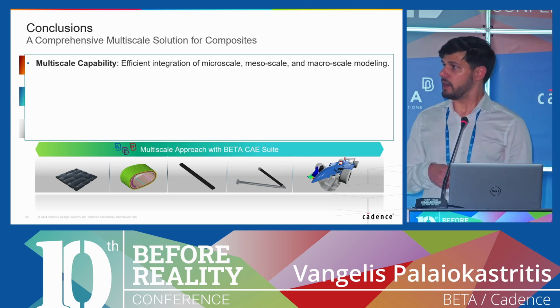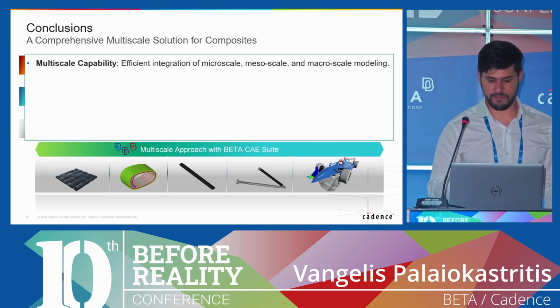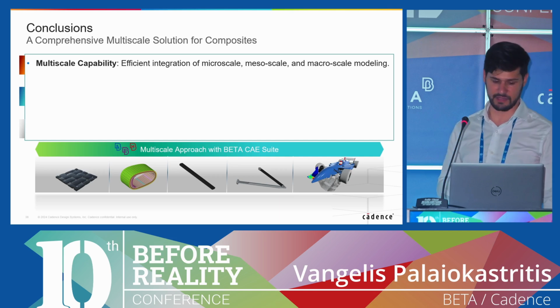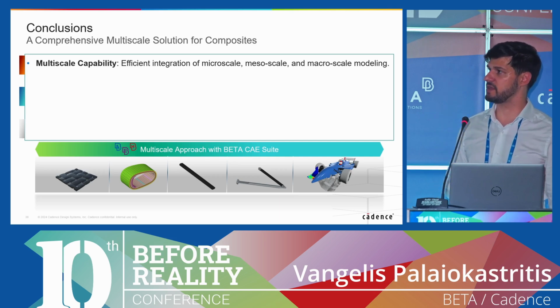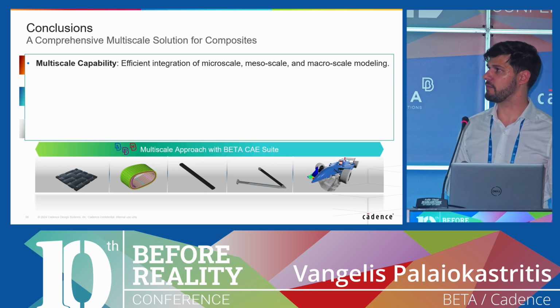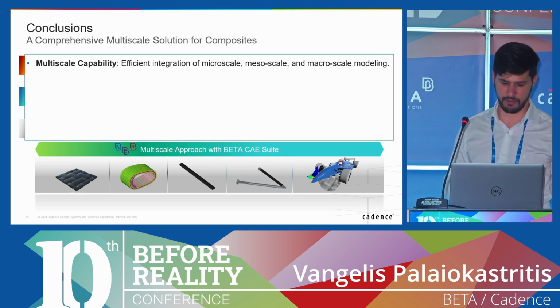So we have seen a framework supported by the comprehensive capabilities of ANSA, META, and EPILYSIS that provided a multi-scale approach for micro, meso, and macro-scale modeling.